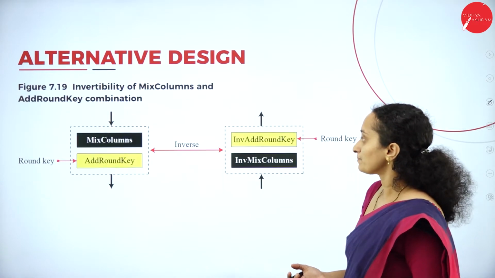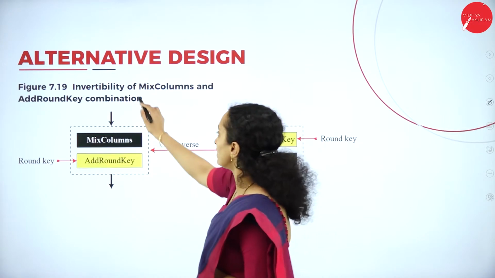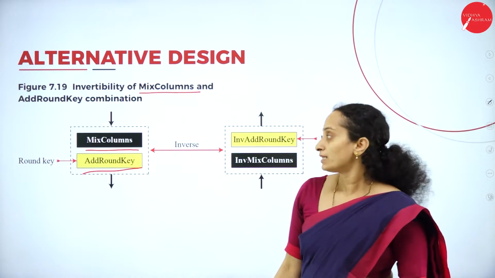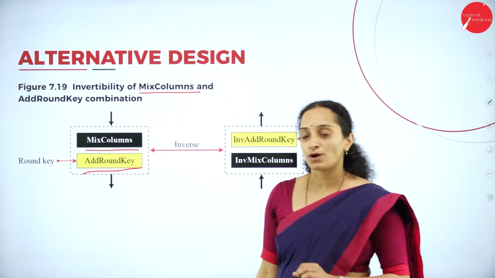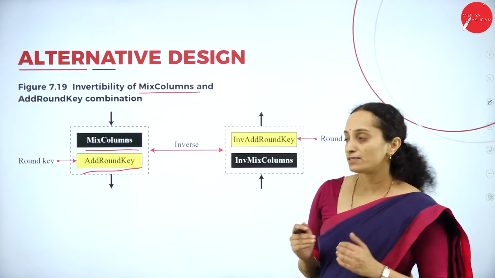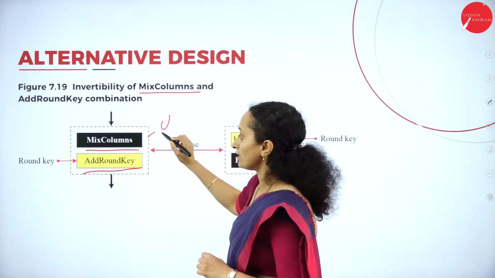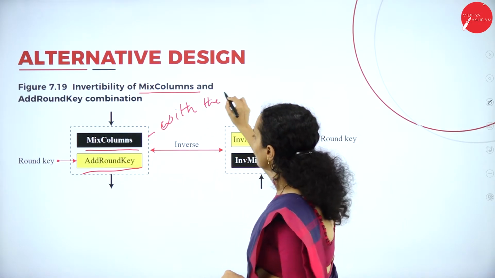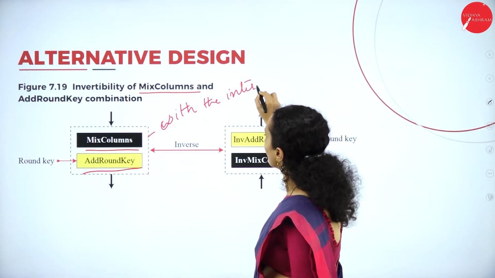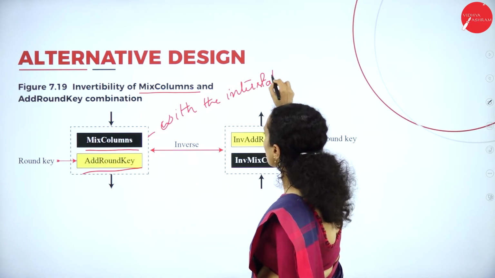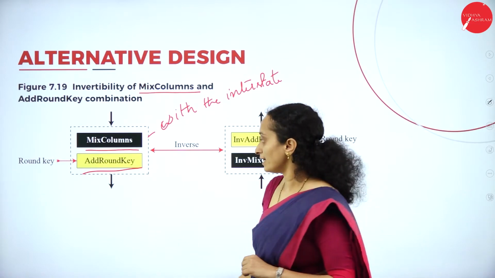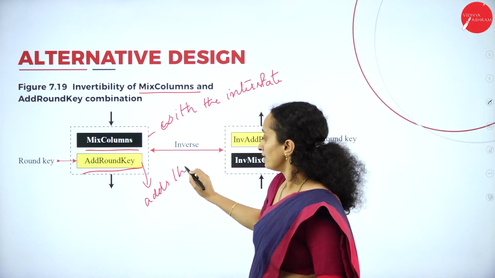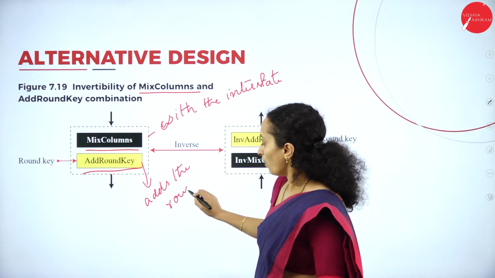In the same way, we are inverting the MixColumns and AddRoundKey combination. MixColumns mixes the positions or bits in the interstate, whereas AddRoundKey adds the round key to the block.